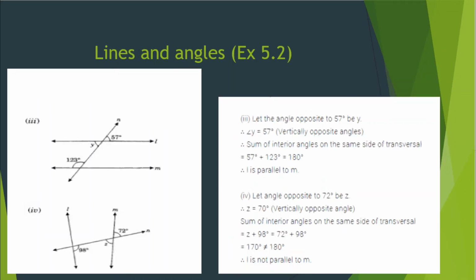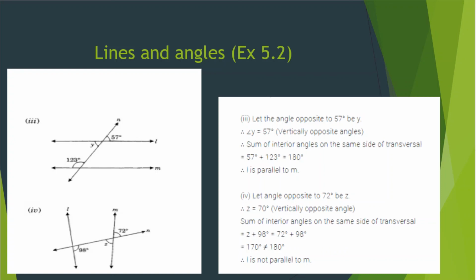The third part of the same question is given in the form of a figure. Let the angle opposite to 57 be y. So y is equal to 57, vertically opposite angles. The sum of interior angles on the same side of the transversal is 57 plus 123, which is equal to 180. Here the sum is 180, so L is parallel to M. Let the angle opposite to 72 be z.